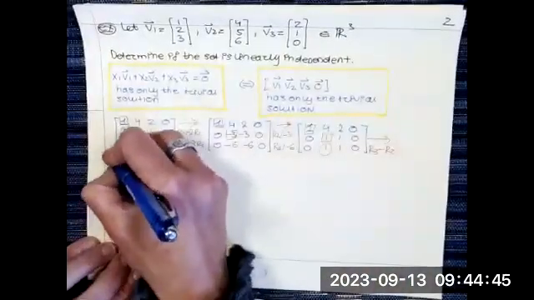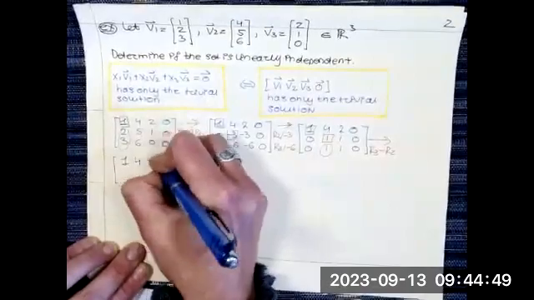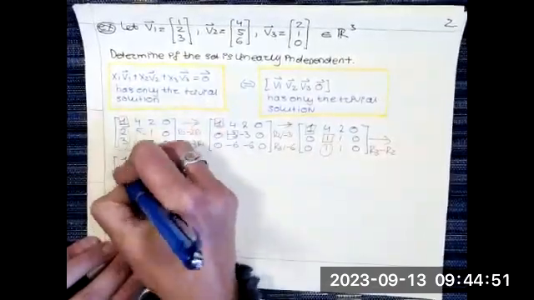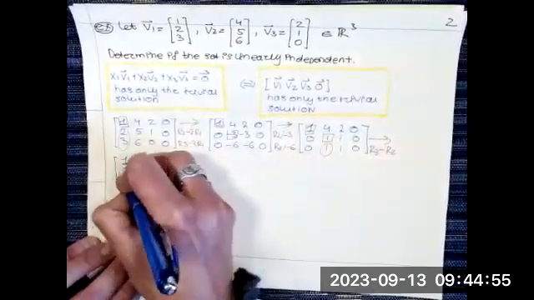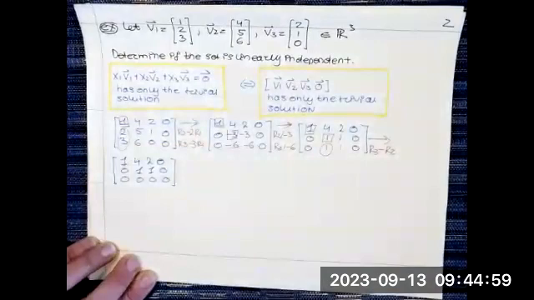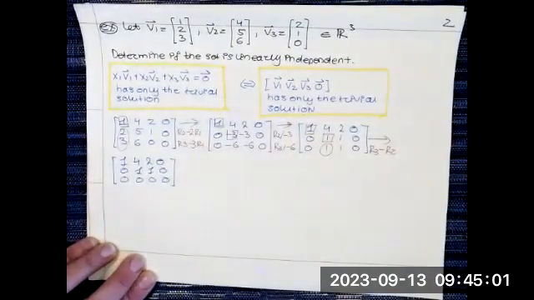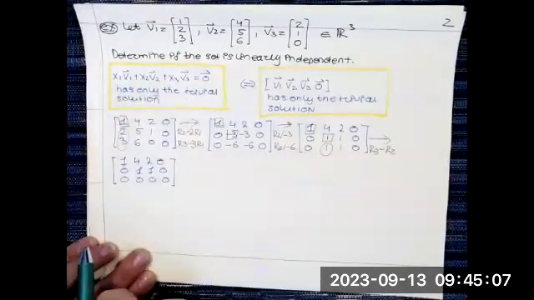And so I write down what I have. The first row is the same, 1, 4, 2, 0. Then I have 0, 1, 1, 0, and 0, 0, 0, 0. That makes sense? From here, we're ready to start solving for the possible x1, x2, and x3.